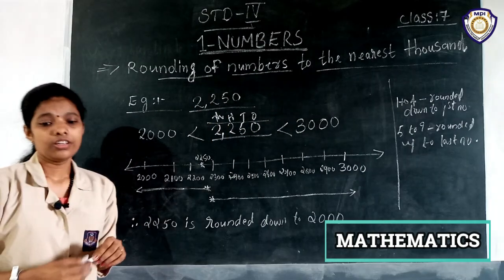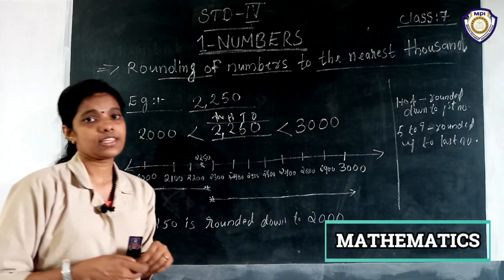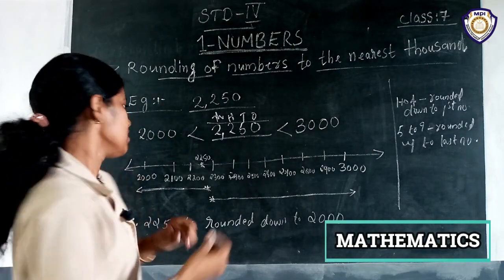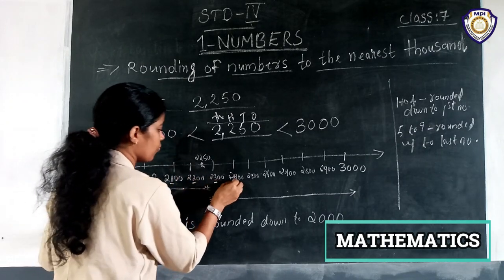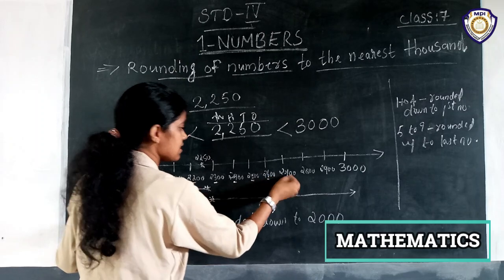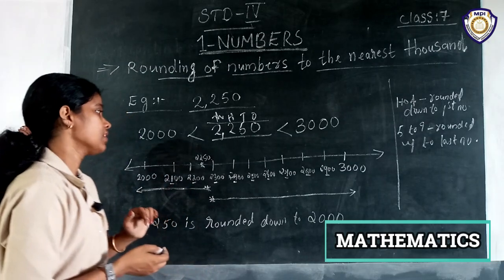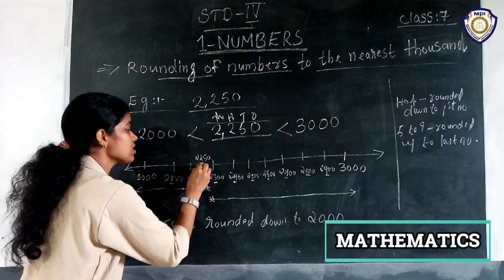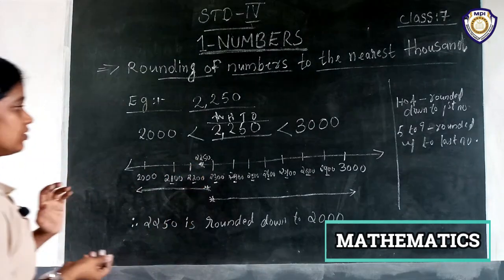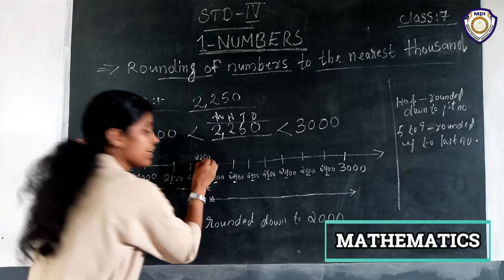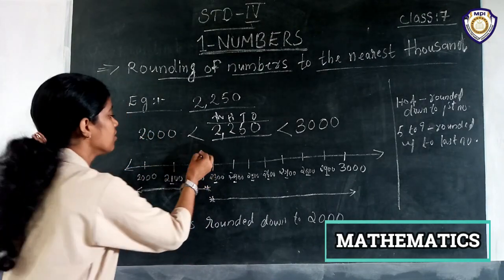Here we consider the digit in the hundreds place. 1, 2, 3, 4, 5, 6, 7, 8, 9 is in the hundreds place. Our number is 2250. 2 is in the hundreds place.